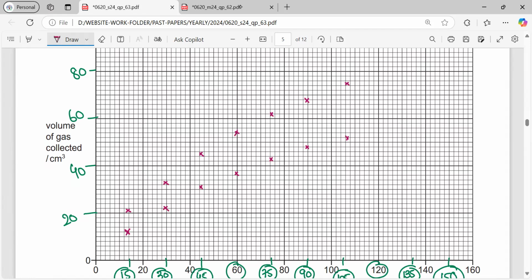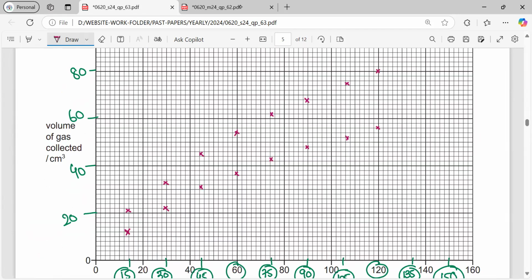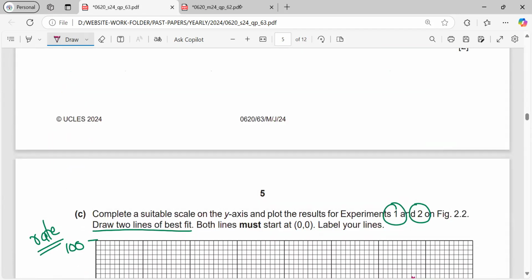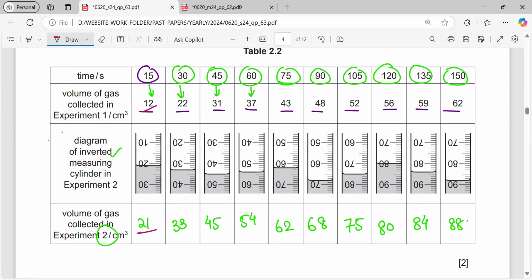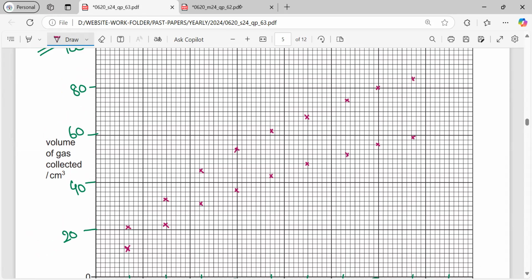Here at 135, 59 and 84. At 150 seconds, we have 62 and 88.